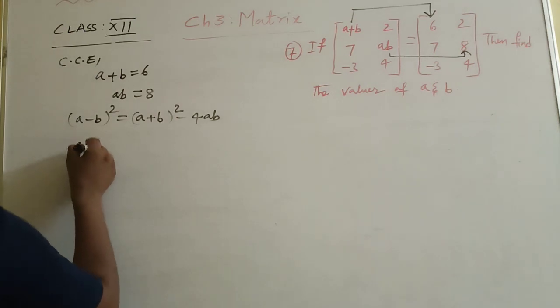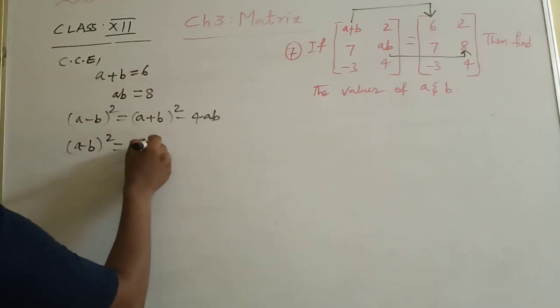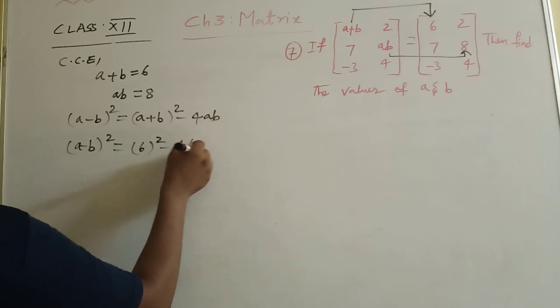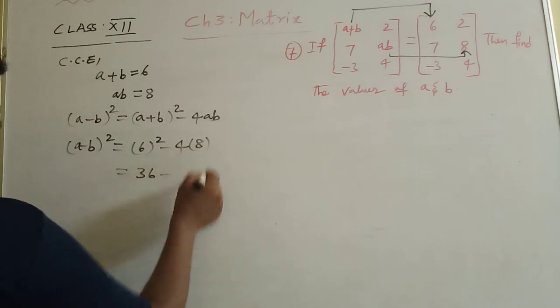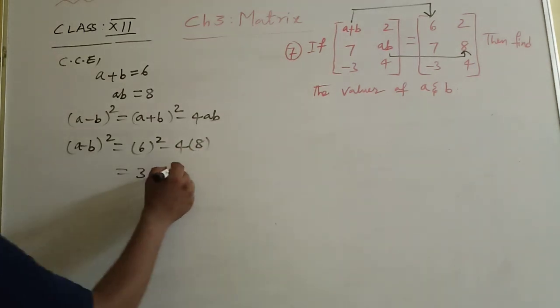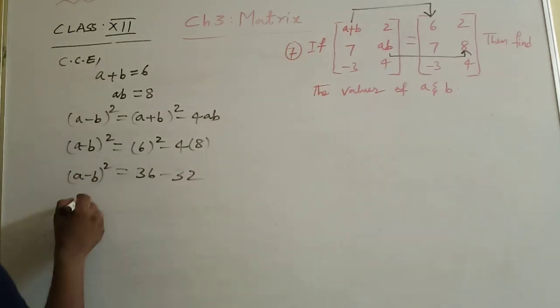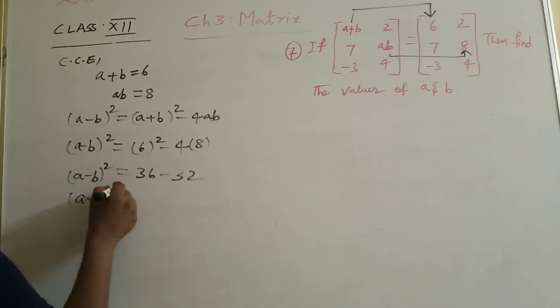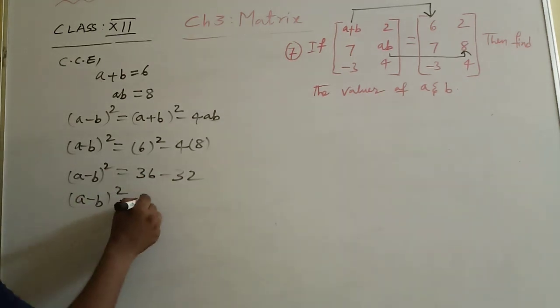A minus B whole square is equal to A plus B whole square, which is 6 square, minus 4 into AB, which is 8. So 6 square is 36, minus 4 eights are 32. So A minus B whole square is equal to 36 minus 32, which is 4.